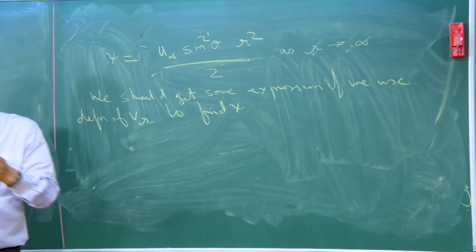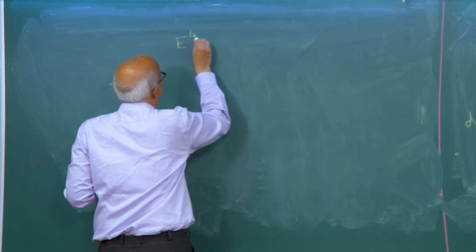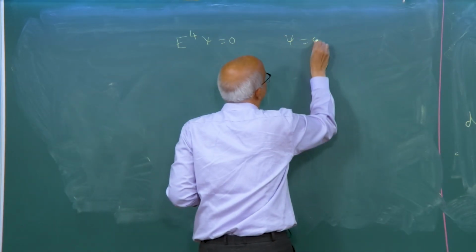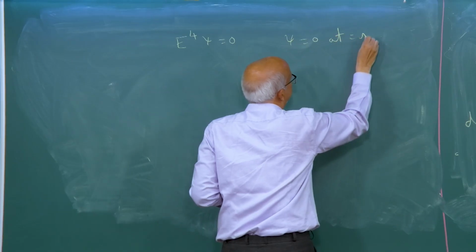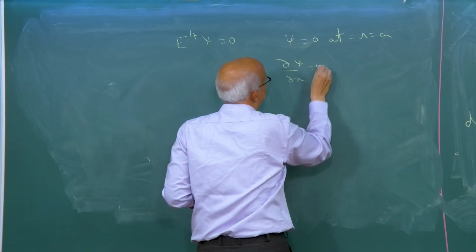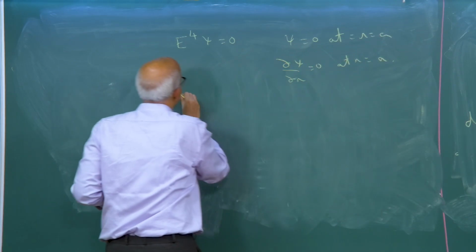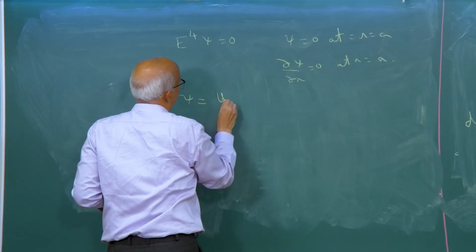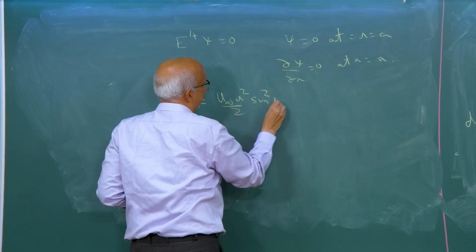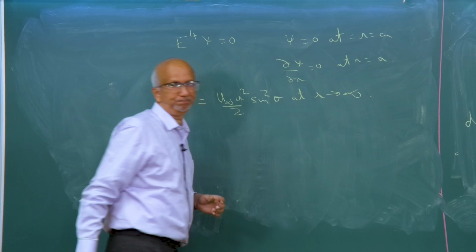If you look at it, the equation is homogeneous, del to the power 4 psi equal to 0, then you have psi equal to 0 at r equals a, you have d psi by dr equals 0 at r equals a, and psi is u infinity r squared by 2 sin squared theta at r tending to infinity. This is the system.